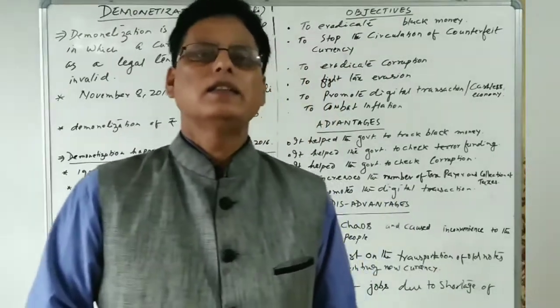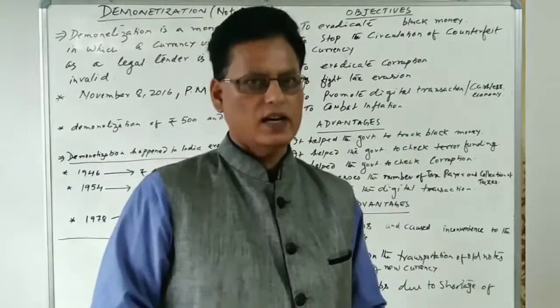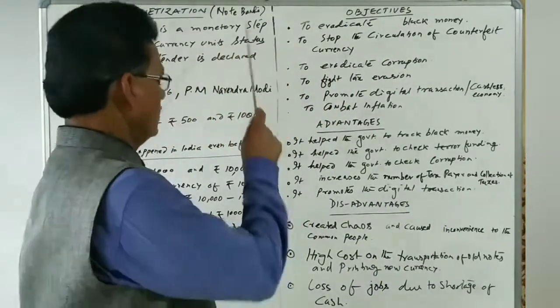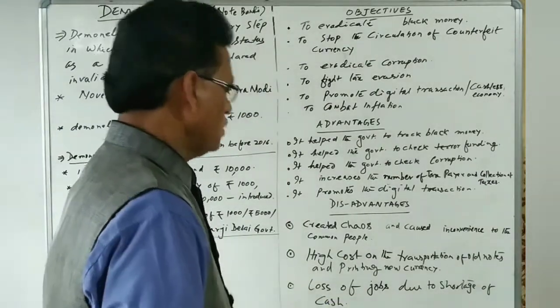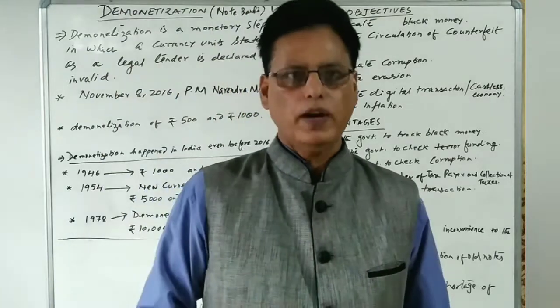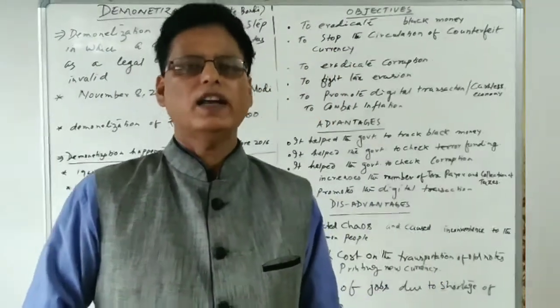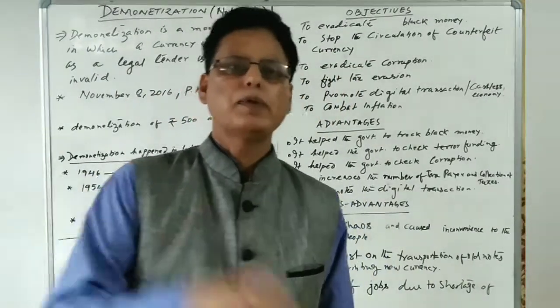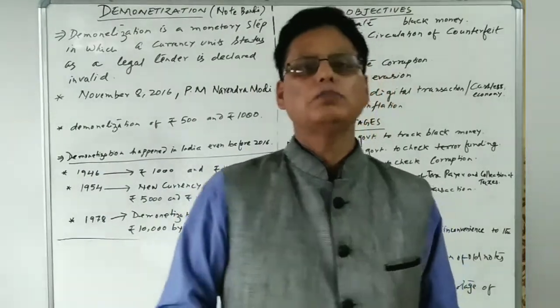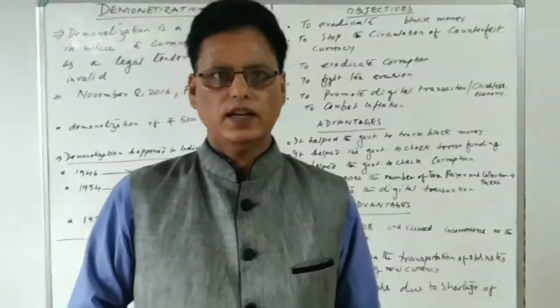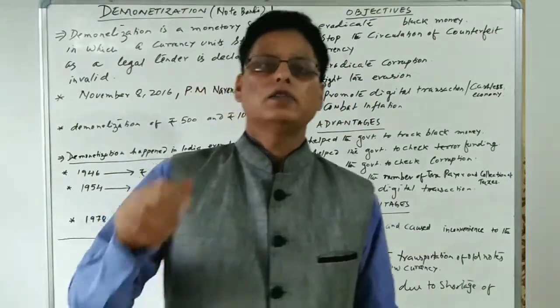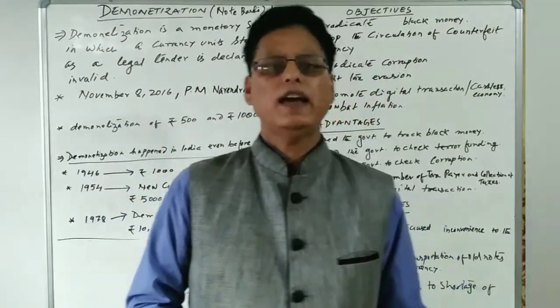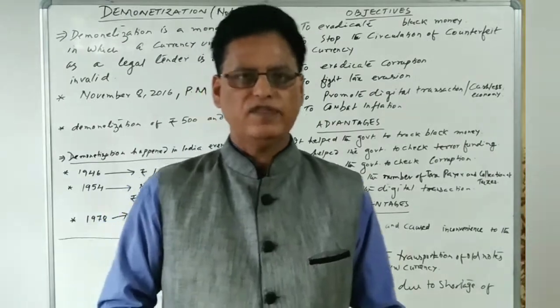We can say this is one of the disadvantages of demonetization, along with loss of jobs due to the shortage of cash. So what happened in the unorganized sectors? Some people lost their jobs due to the shortage of cash in circulation. Getting cash in hand from the bank was very difficult.